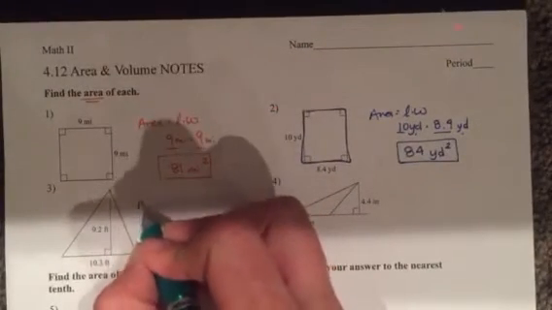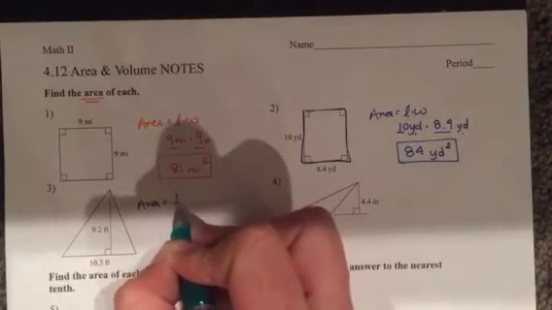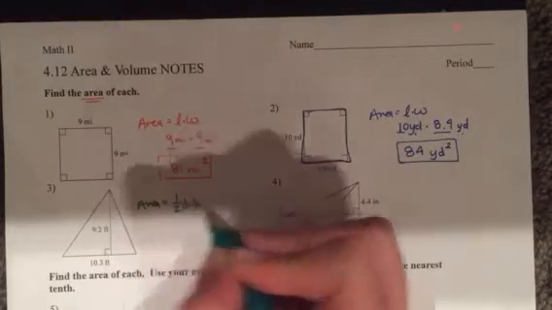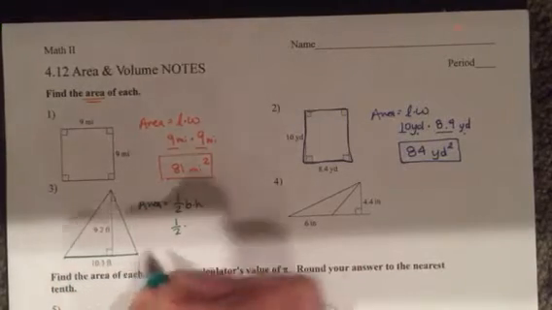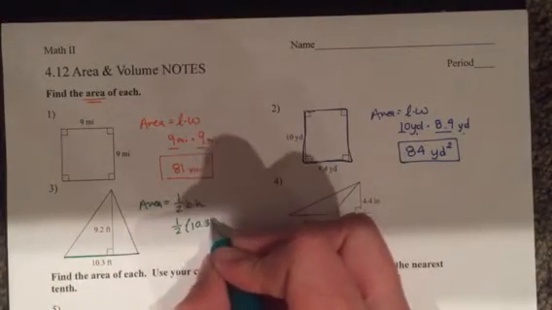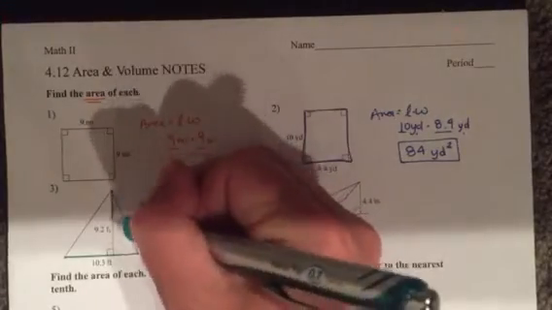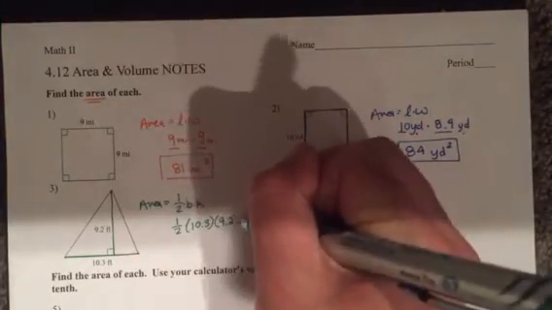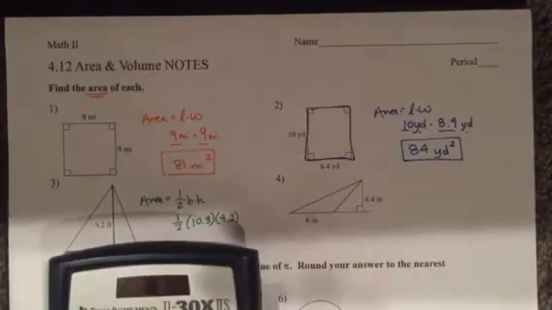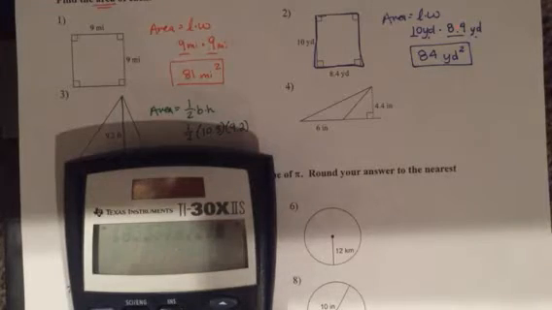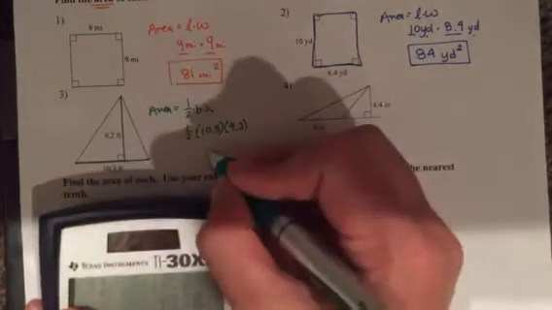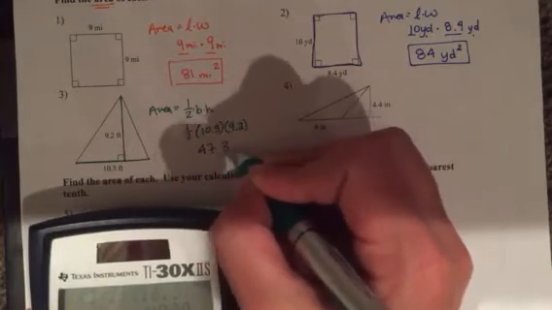For the area of a triangle, it's equal to 1/2 base times height. So I have 1/2 times the base, which is 10.3, times the height of 9.2. I'm just going to enter that in. 1 divided by 2 times 10.3 times 9.2 is equal to 47.38.